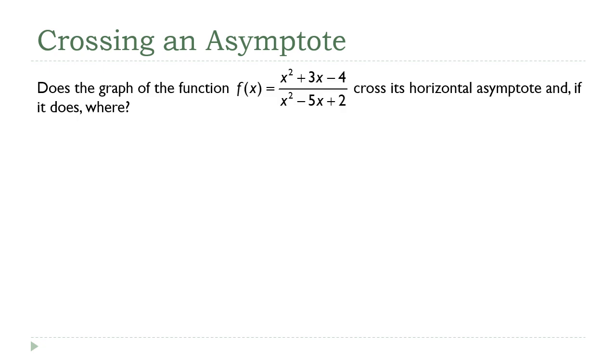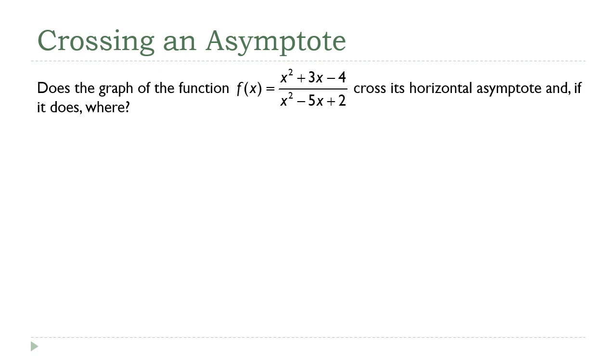Well, let's look at an example. I have a rational function here, and I want to figure out if its graph crosses its horizontal asymptote, and if it does, where. Okay, well, the first step in this is figuring out what the horizontal asymptote is. The degree of the numerator and the denominator are the same, right?